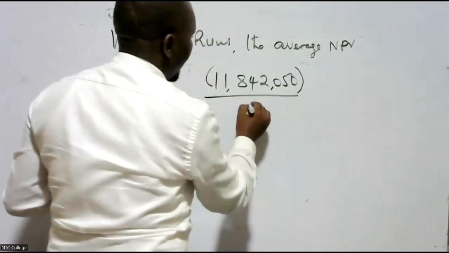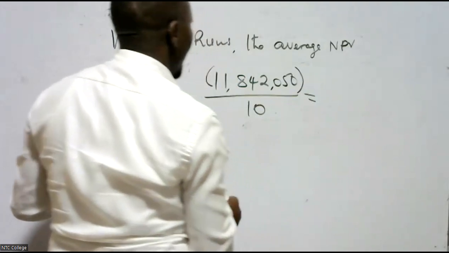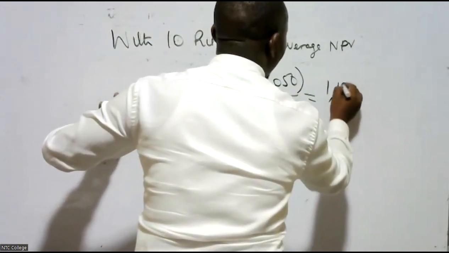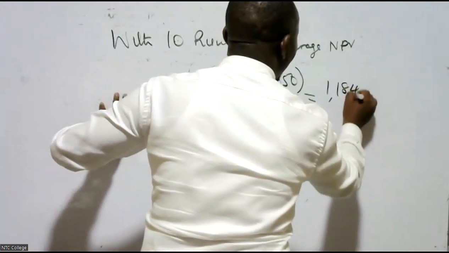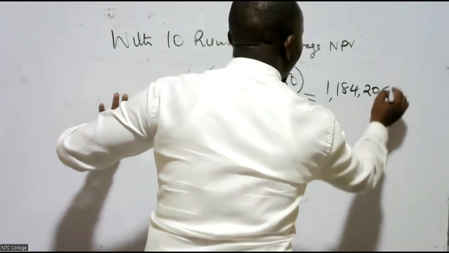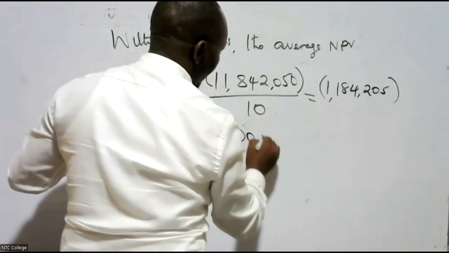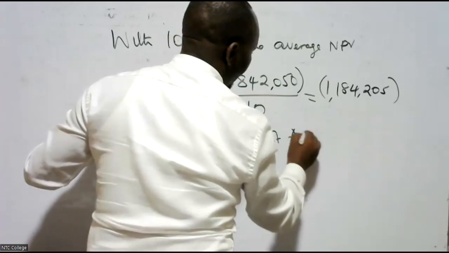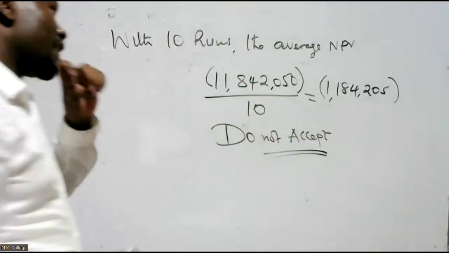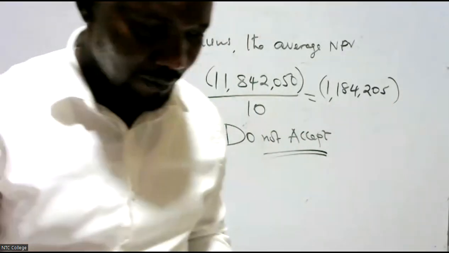Divide by 10. So that should give you an average of 1,184,205. That is negative NPV. So do not accept. The average NPV is negative, do not accept. That is how you conclude.